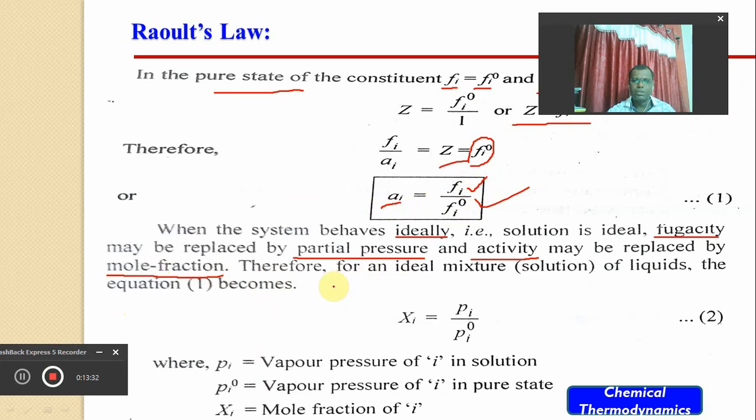And that's why this equation 1 can be written, for an ideal solution or a mixture of liquids, with activity replaced by mole fraction and fugacity replaced by the partial pressure of that component.